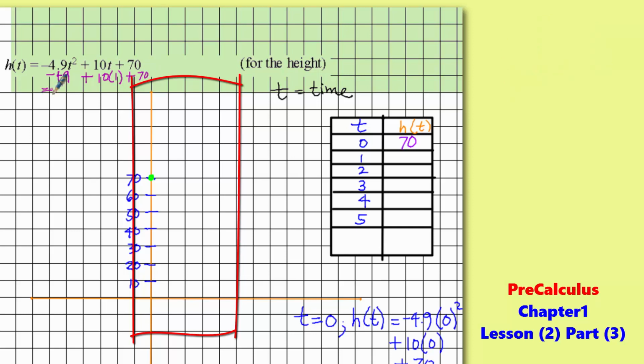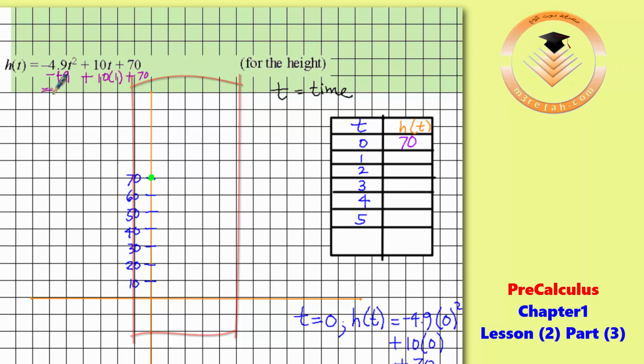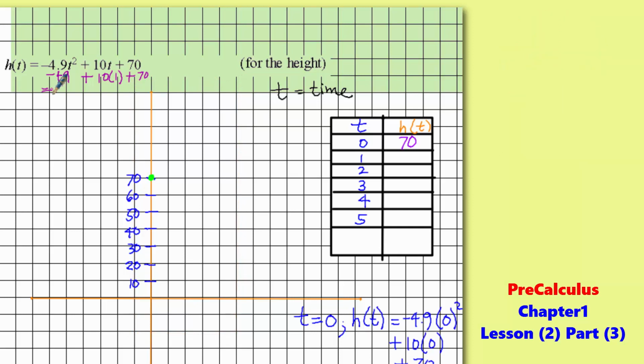We will have 70 plus 10, that's 80. 80 minus 4.9 would be 75.1. So at t equals 1, it's somewhere here, 75.1, or approximately 75.